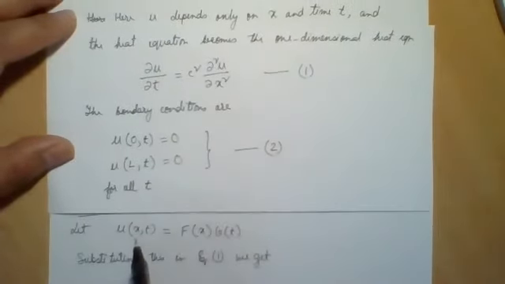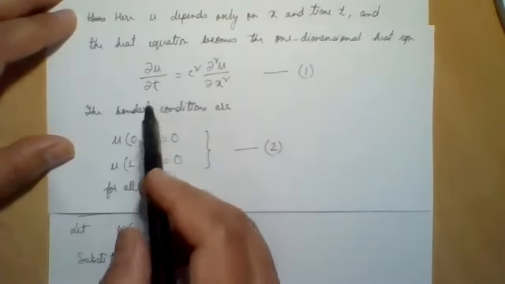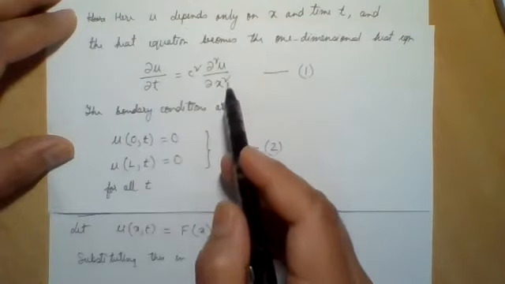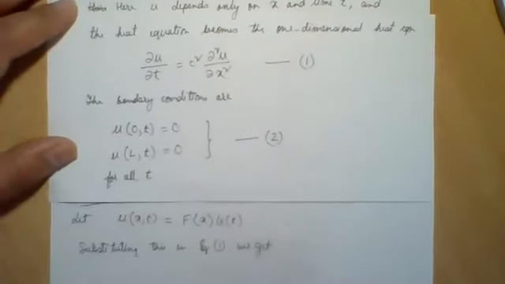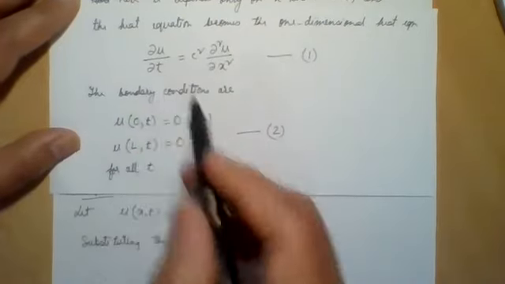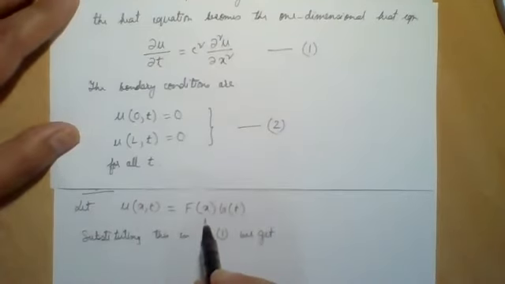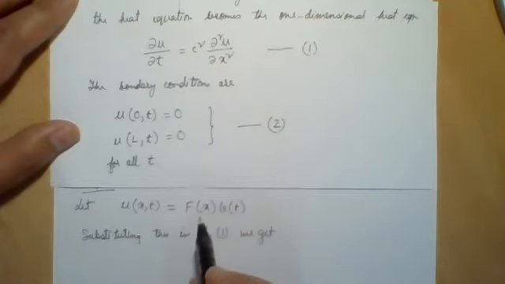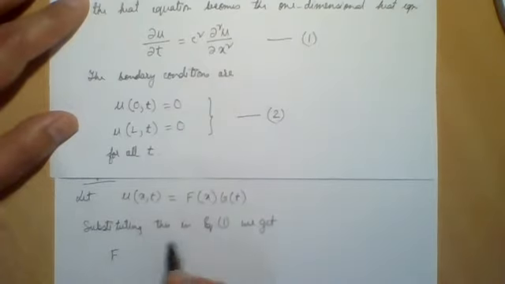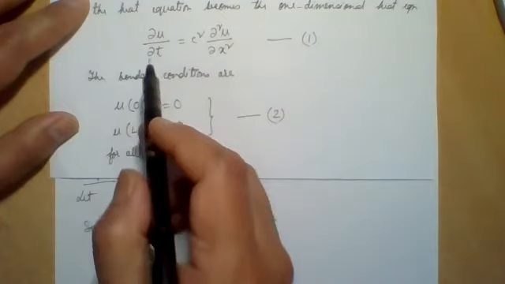If you substitute u equal to f of x g of t, this is the partial derivative with respect to time, and this is the partial derivative with respect to x. If we take the partial derivative with respect to time, we shall treat f of x as a constant, so we get f times dg by dt. This is what we get from the left hand side.